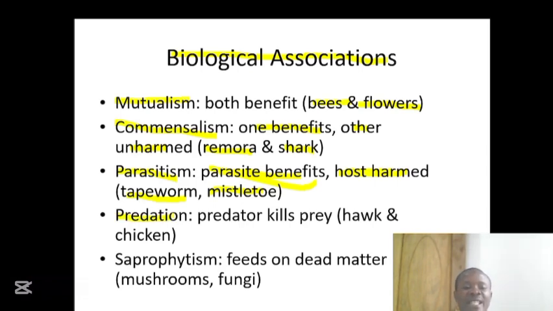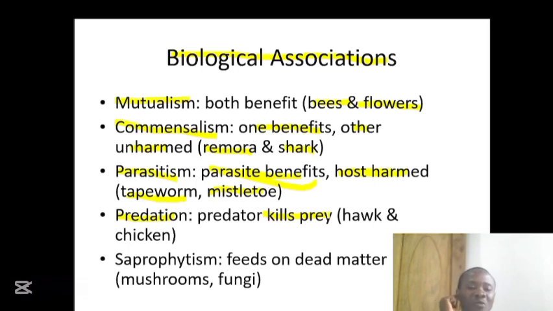Next we have predation. In predation, the predator kills the prey. So the main aim of the predator is to kill and consume the prey. An example is the relationship between a lion and a deer.